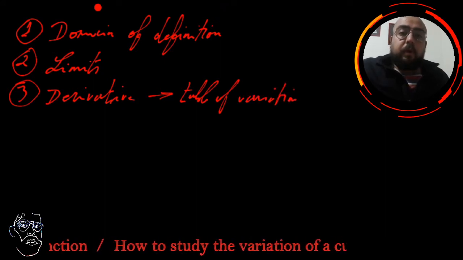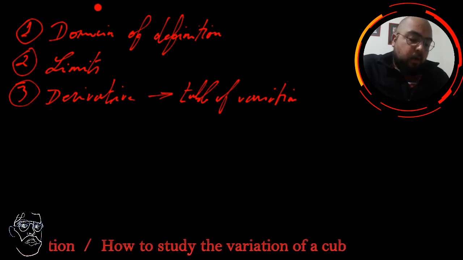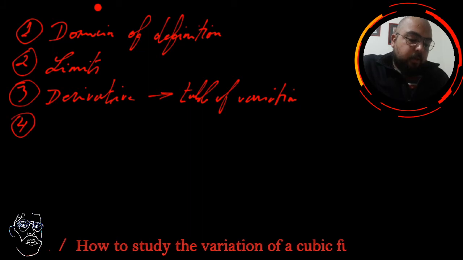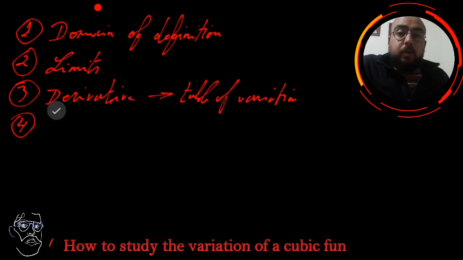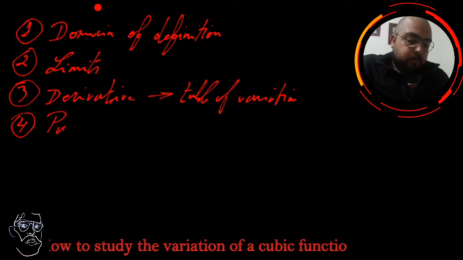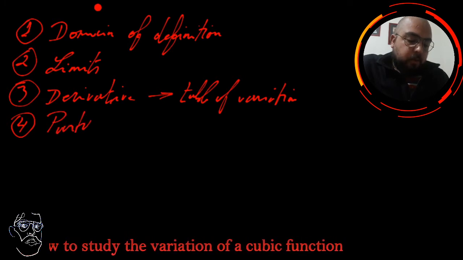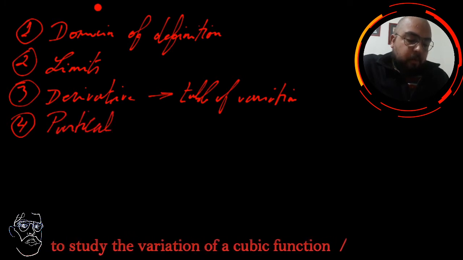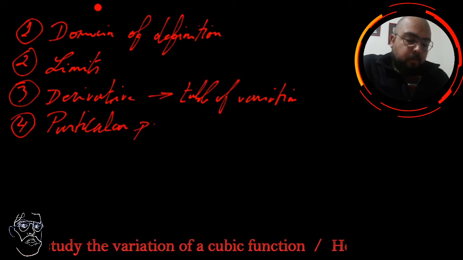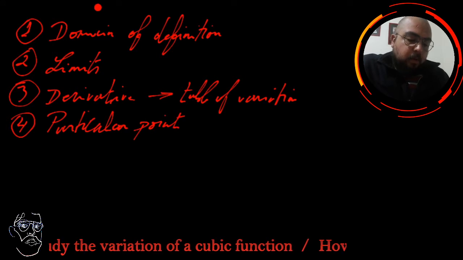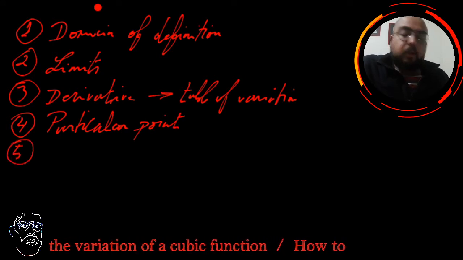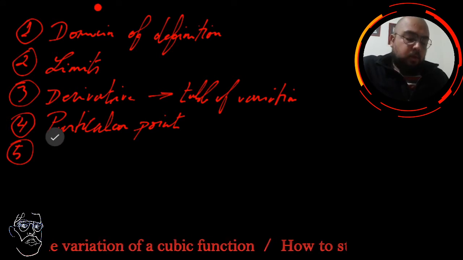After having a table of variation, you can go to the fourth step, which is choosing some particular points, and these particular points are going to help you to draw your curve. So particular points, this will be the fourth step. The fifth step, you can study the symmetry.